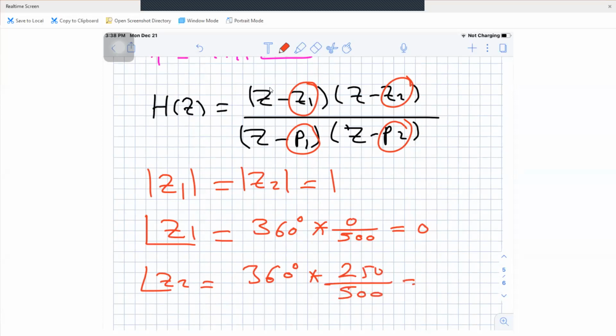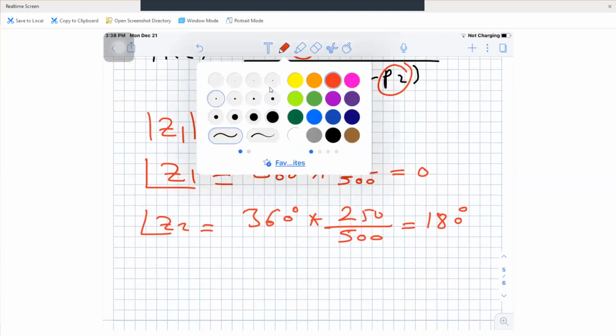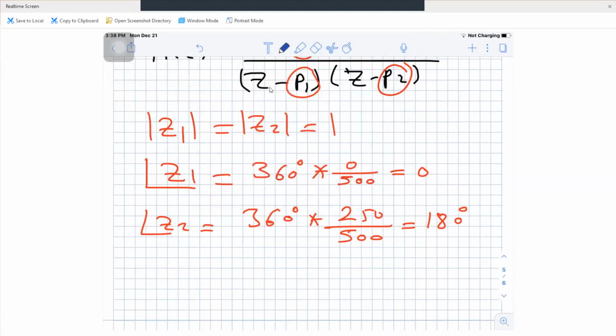It is clear that it will be 180 degrees. So Z1 will be 1 with angle 0, and Z2 will be 1 with angle 180 degrees.